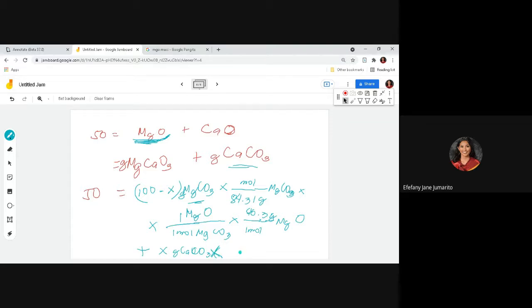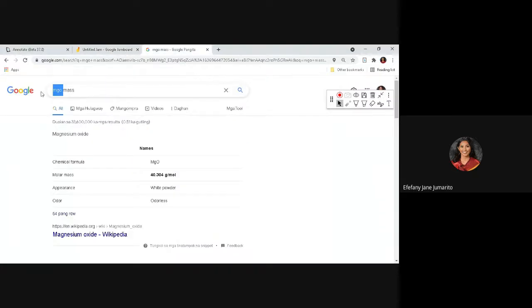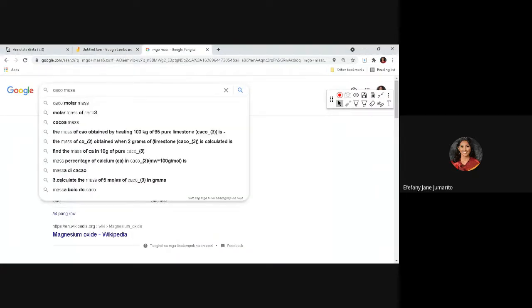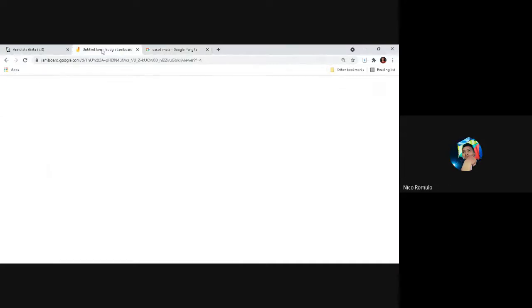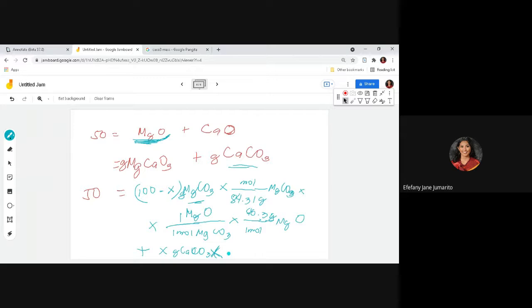What's the molecular weight? 100, ma'am. 100.08. So we have that one. Okay, so in 100 grams of calcium carbonate, that's 1 mole.